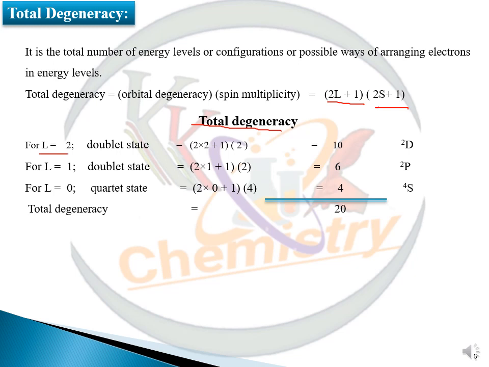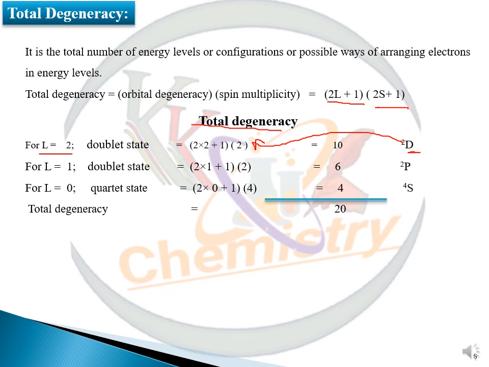Here if L is equal to 2, meaning D, it is a subshell d with spectroscopic term capital D. So L is equal to 2 and we know that the spin multiplicity is 2.